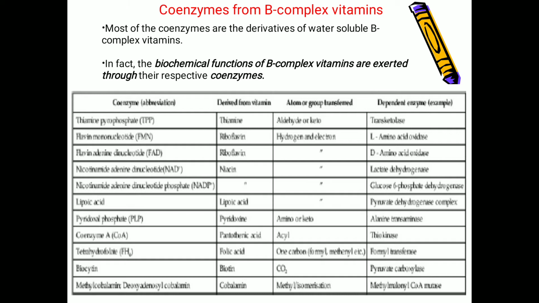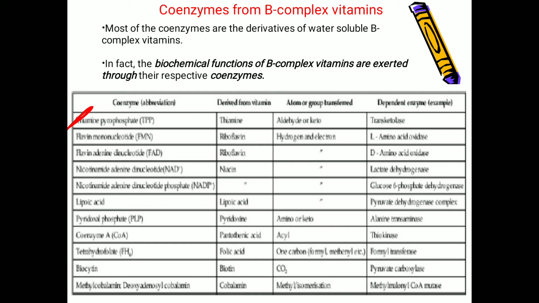Like thiamine, which is B1, and the coenzyme for thiamine is thiamine pyrophosphate. Here you can see thiamine pyrophosphate. The function of this coenzyme is to transfer the aldehyde or keto group. The best example for TPP is transketolase.